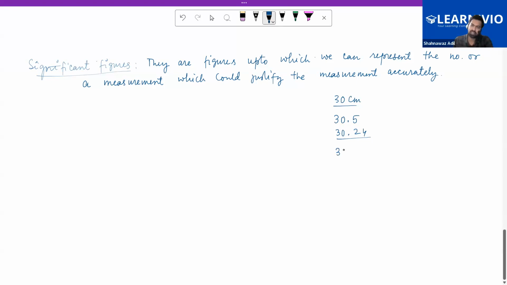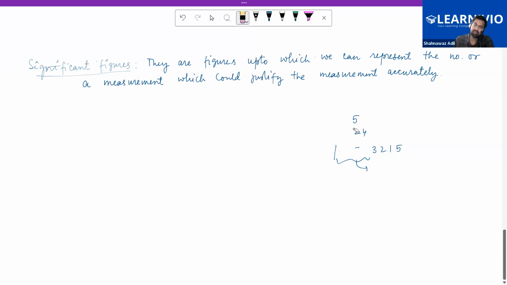I should not write 30.543215. I don't need this much precise a measurement of the height of the bottle. Up to a certain point, this will justify the measurement, right? Those figures are called the significant figures.